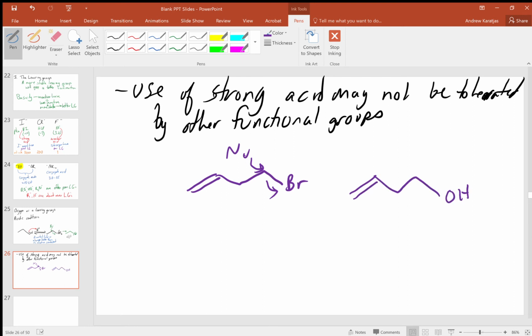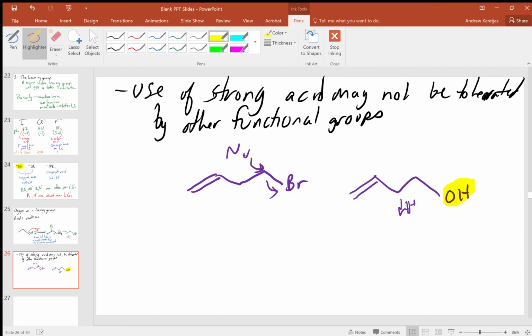But what if we had this alcohol and we added acid here? So will it do what we want? It very well may protonate this alcohol. But remember, we learned a reaction at the end of organic 1, the hydration reaction.